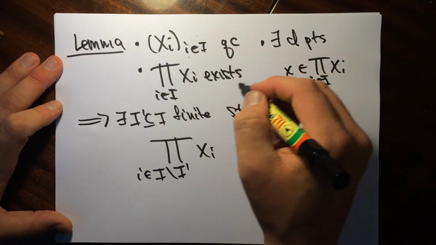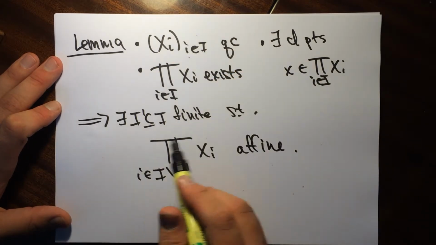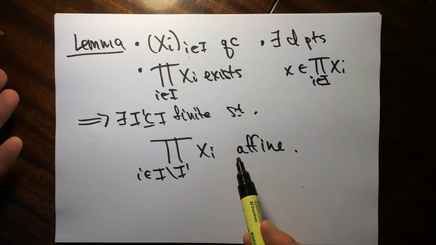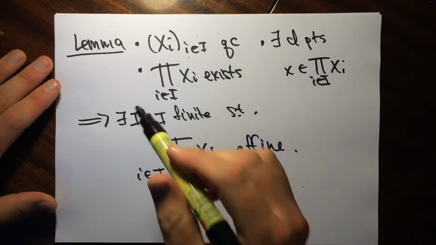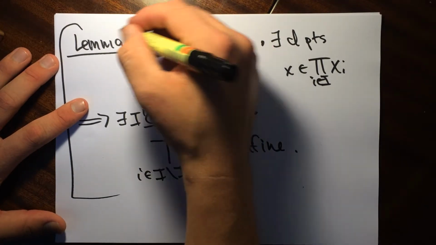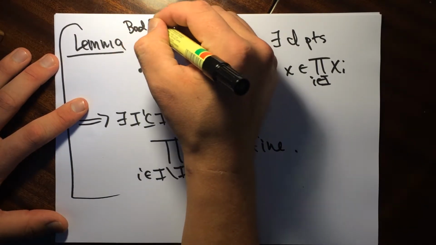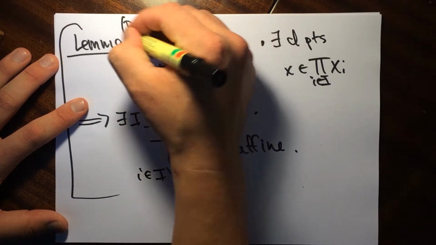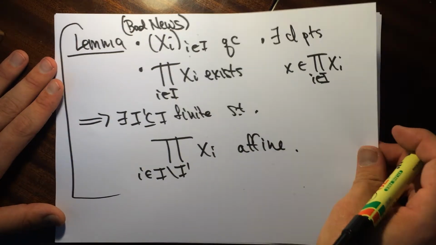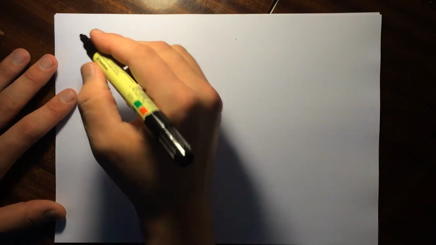So the product existing implies that it's almost affine: up to a finite number of factors, when you take the product, it must be affine. So this is bad news number one. I'm going to show you how to prove the first bad news. So here's the proof.